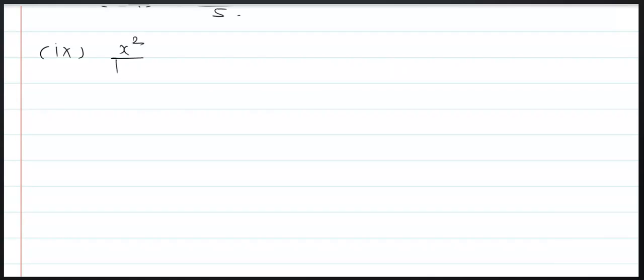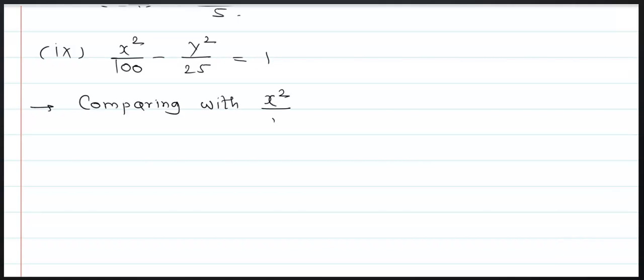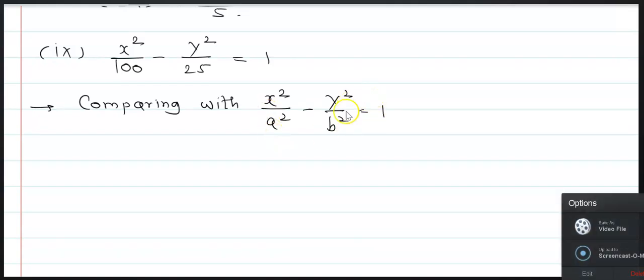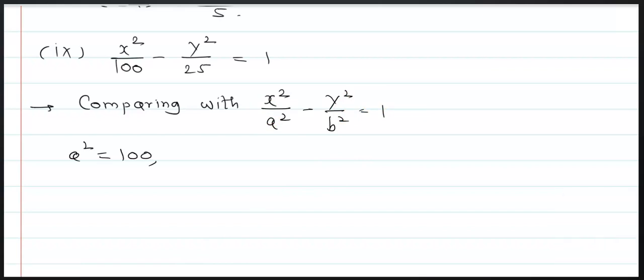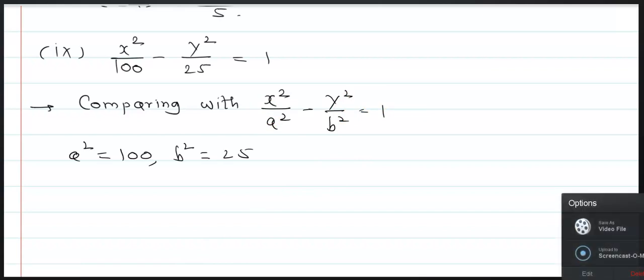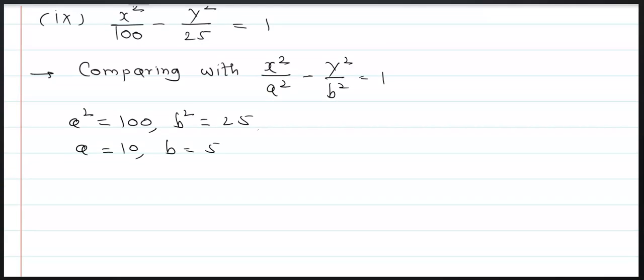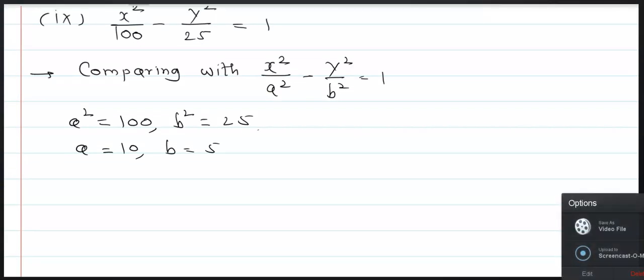Now next is ninth one, x square upon 100 minus y square upon 25 is equal to 1. Comparing with x square upon a square minus y square upon b square is equal to 1, a square is 100, b square is 25. a is 10, b is equal to 5.